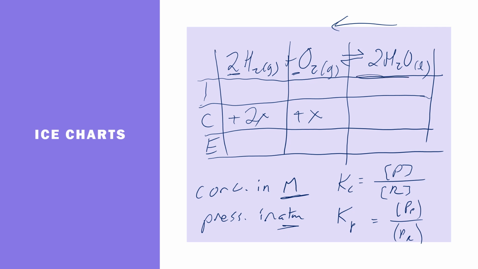So you would not include this column. You would just look at what is increasing on the reactant side if it's going in the reverse reaction. But again, that's fairly rare, I would say. Just make sure that you're ignoring the liquids and solids. They still need to be there. They're just not affecting your equilibrium position.